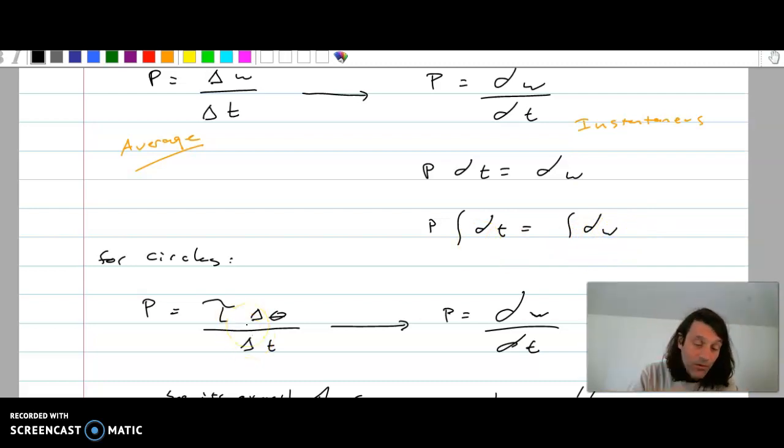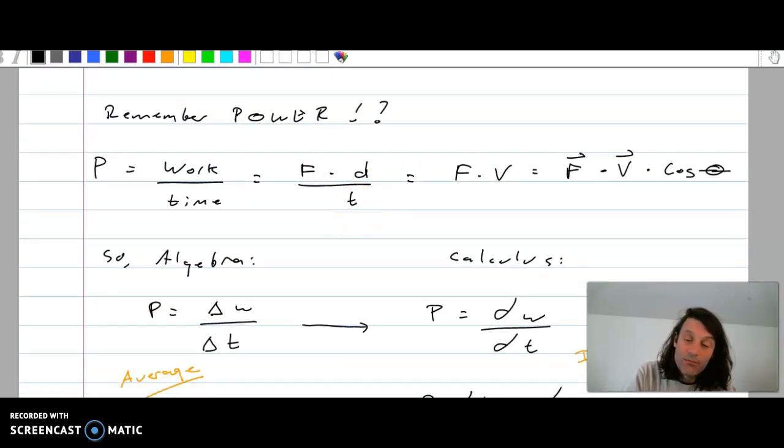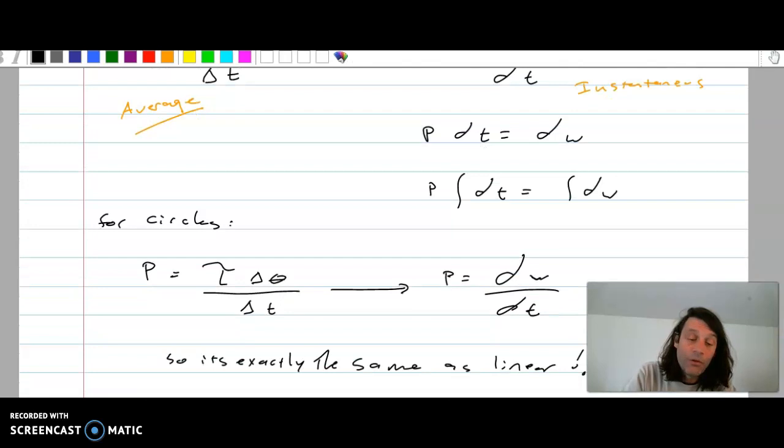For cycles, remember, you can do the exact same thing. Everything you did with a straight line, you can do going in circles. Remember that change in work, which is a force times a distance, which is what I wrote here, a force times distance divided by a time. You can replace forces with torques, distances with changes in angles, positions along a circle in an interval of time. So again, that's torque times change in theta divided by a delta t, a time interval. That again is an average amount of power over an interval of time.